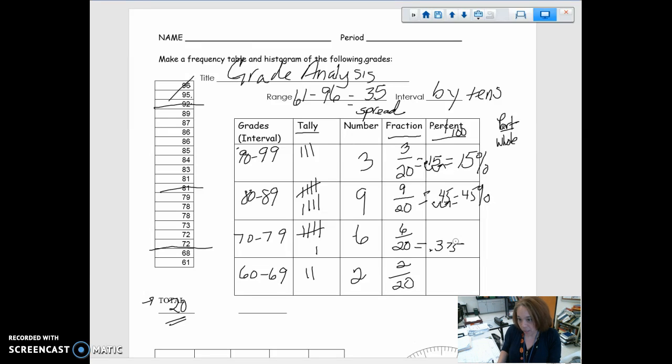The same thing is, if I was here, I would go over 2 spots and keep that decimal. So it would be 37.5 because it went over 2 spots, then add my percent. So 37.5%.